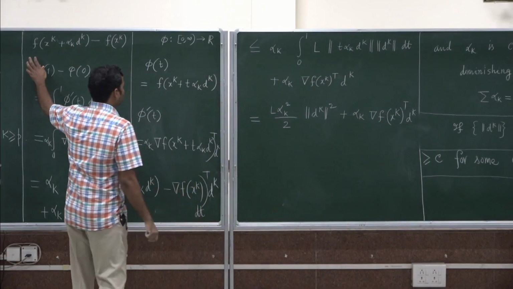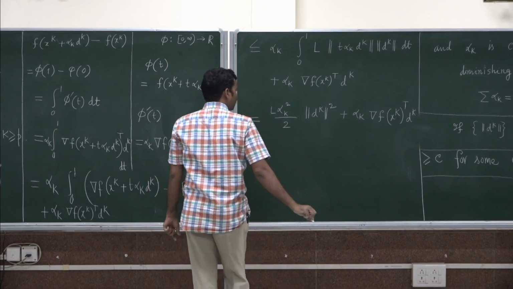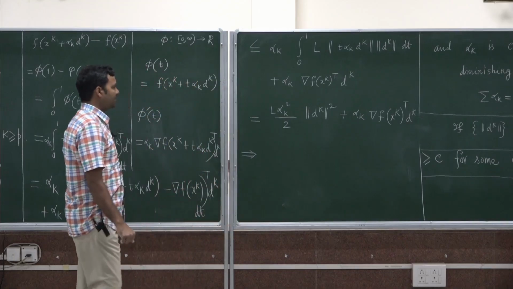So we have ultimately a neat inequality, and this inequality is not related to the diminishing step size.